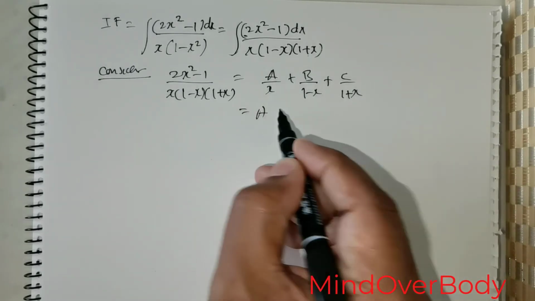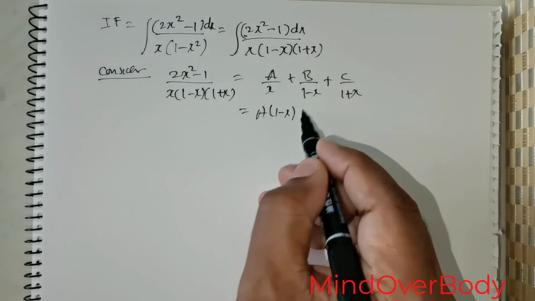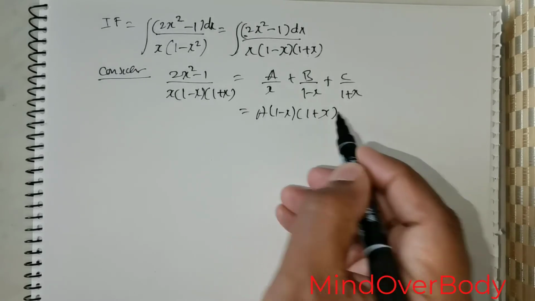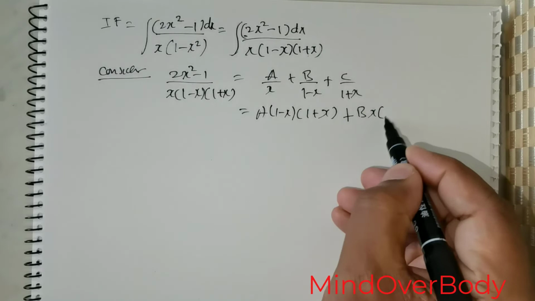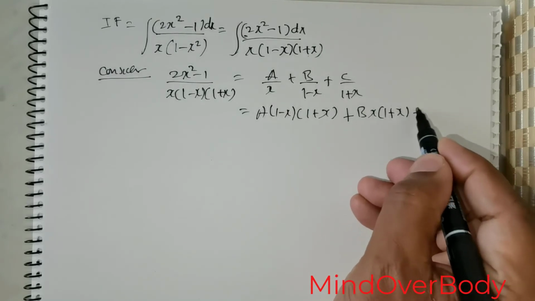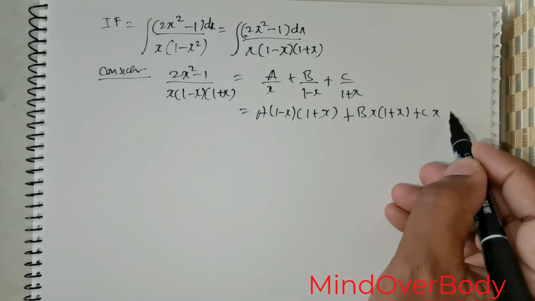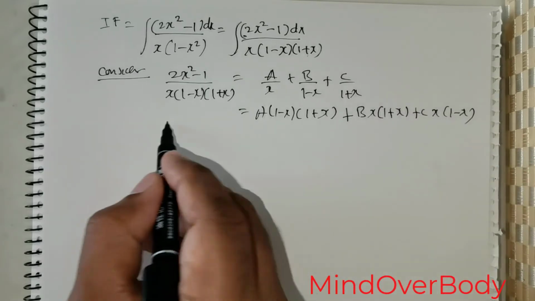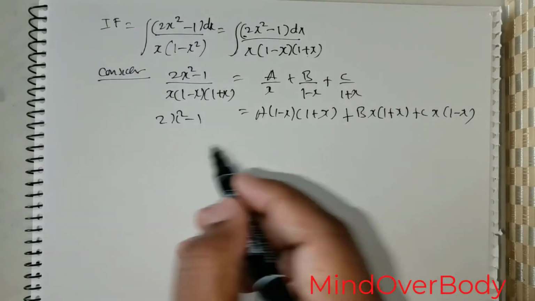If I cross multiply, this is going to be a(1 − x)(1 + x) plus b x(1 + x) plus c x(1 − x). On the left hand side you get 2x² − 1.